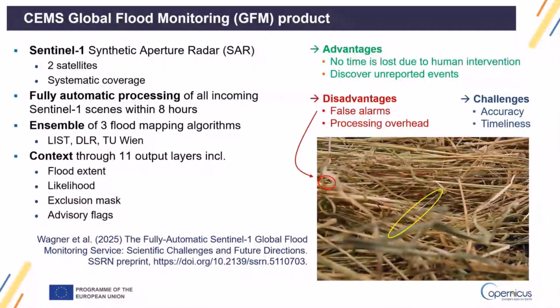We also tell the user where it's not possible to map flooding, with so-called exclusion masks. Last but not least, we provide advisory flags to say: be careful in these environmental conditions, results may not be reliable.